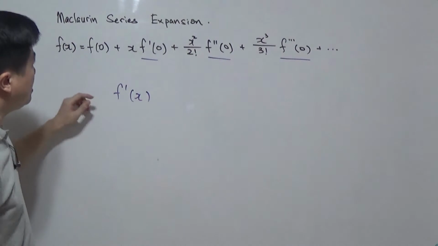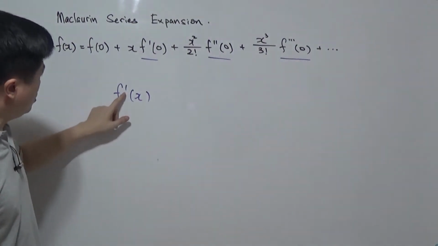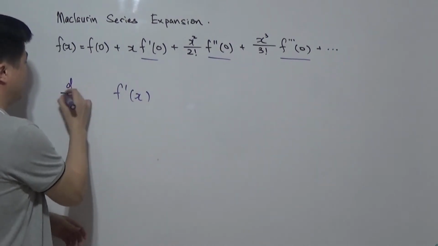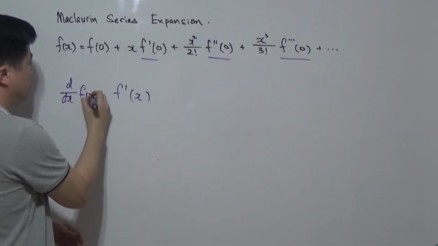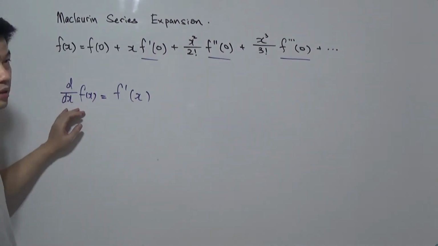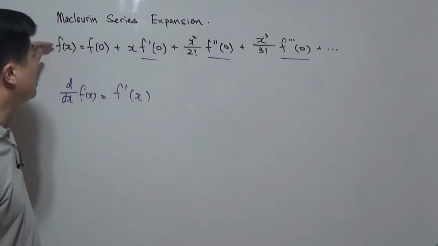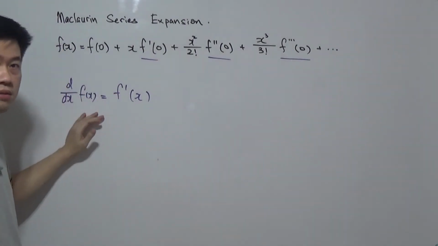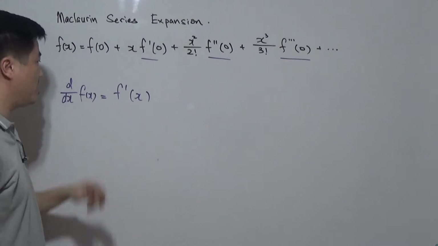I guess for most of you, you actually know that f prime x is the derivative of f(x). So d/dx of f(x) equals f prime x. So this is just some basics, all right? Going off on a little tangent from Maclaurin series, I just want to make sure that you guys know about this. I'll make it quick, okay?